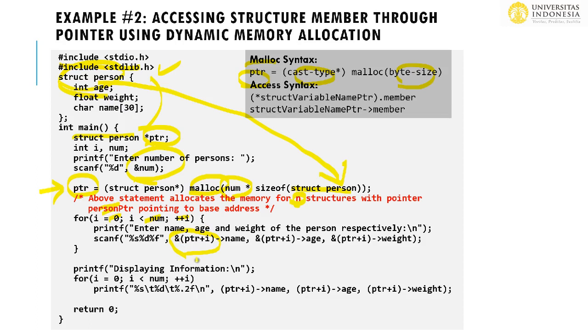Each loop iteration, you input one by one: starting with the name, the age, and the weight. Finally, after the input is finished, you display the information using this kind of statement.